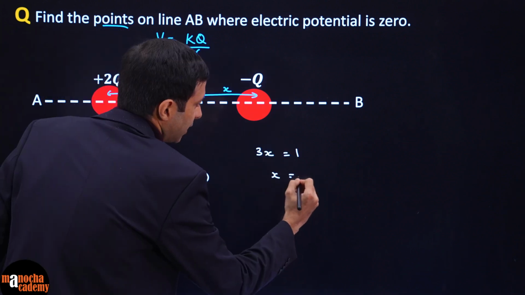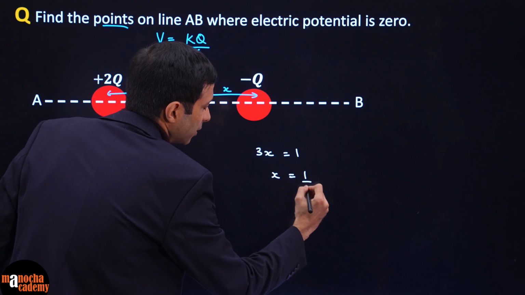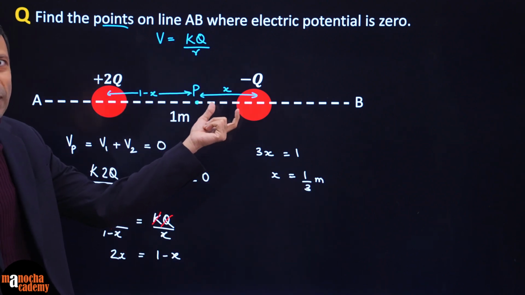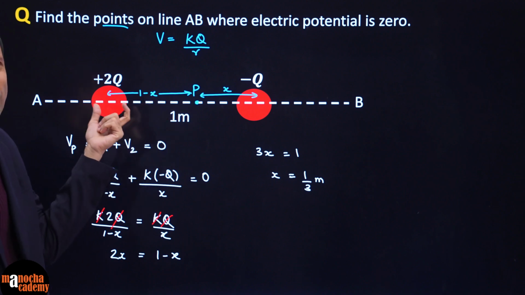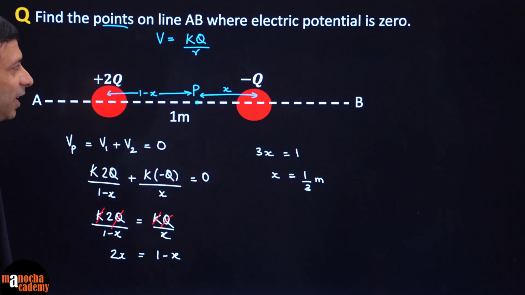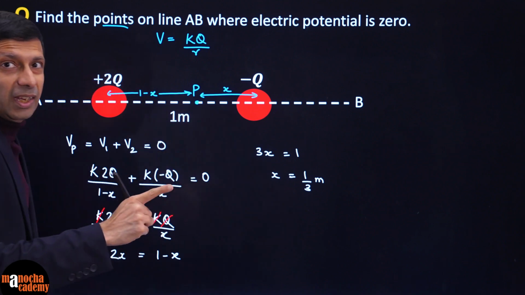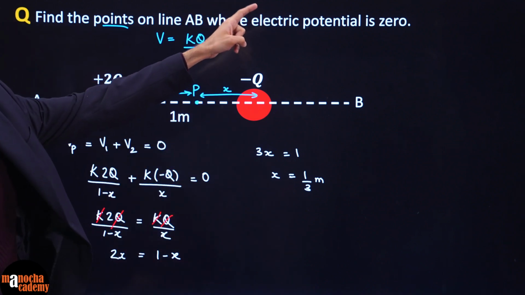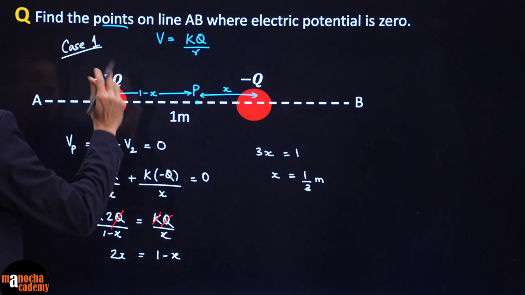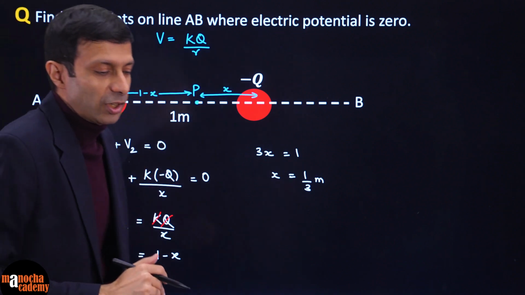That means x is 1 by 3 meters. So that means this point P is at one third of a meter here, 1 by 3 meters, and this will be 2 by 3 meters, right? Because this charge is stronger. So there you can see we have found the location of point P where electric potential is 0, and this was our case 1, for a point lying between the two charges.